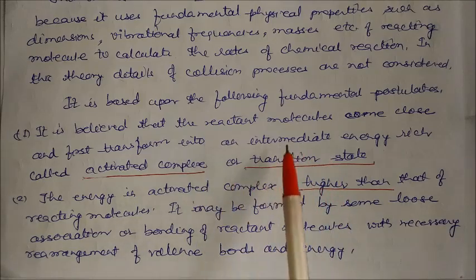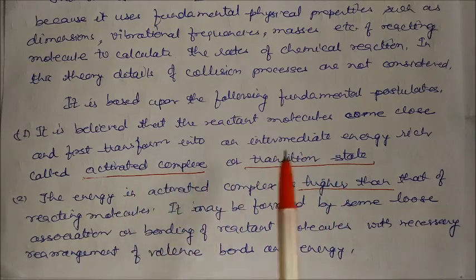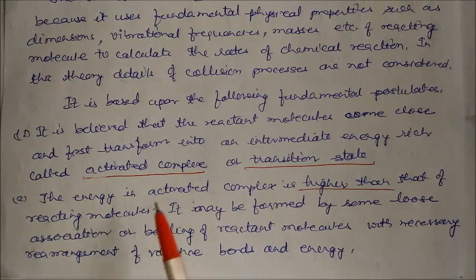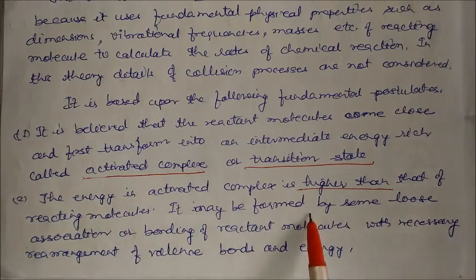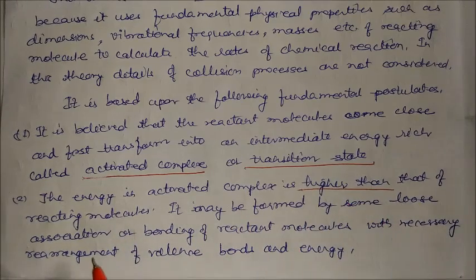This is the first point. Second postulate: the energy in the activated complex is higher than that of the reacting molecules. It may be formed by some loose association or bonding of reacting molecules with necessary rearrangement of valence bonds and energies.